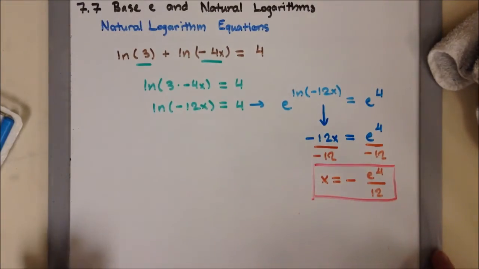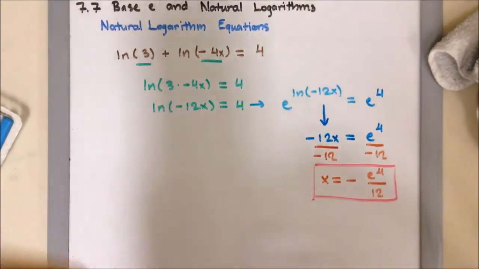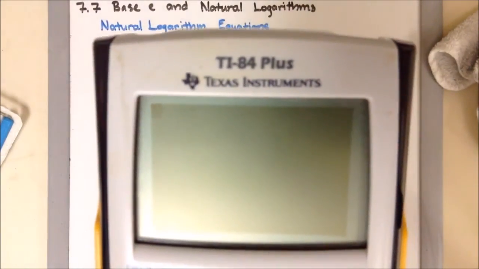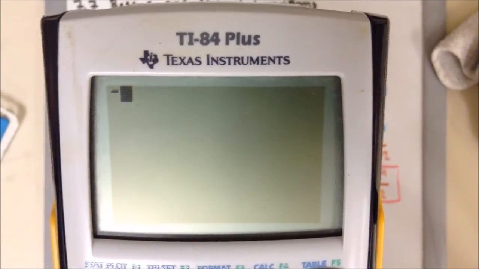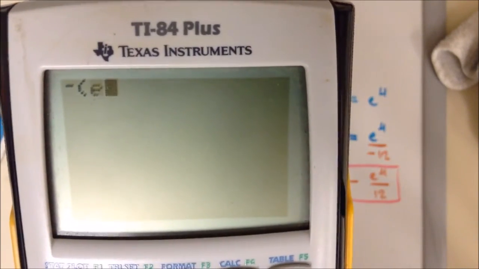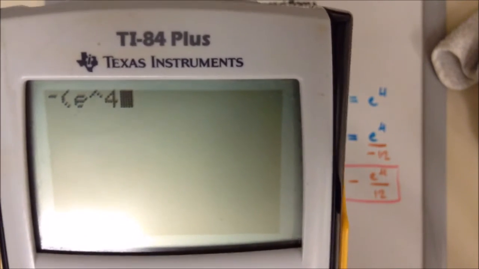Now if you were to find the decimal value, simply type it in. Alright, so first off, I'm going to include my negative parenthesis. So I'm going to input my e constant, raise it to the power of 4.